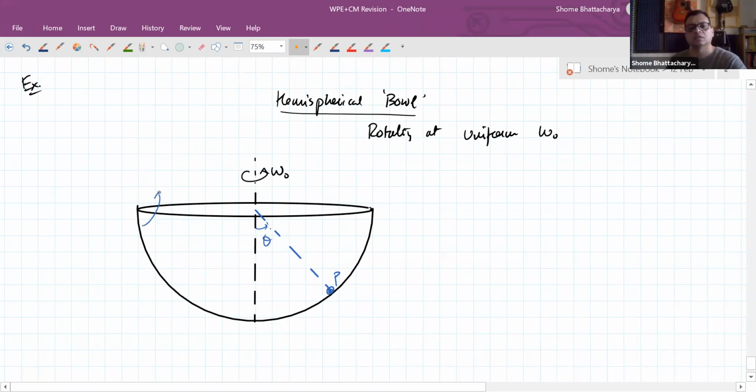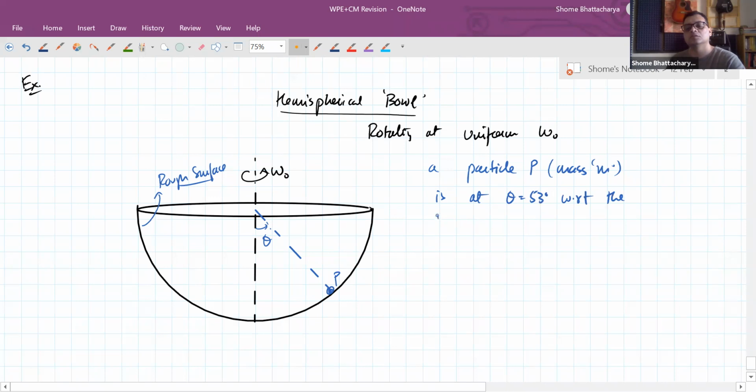And this is a rough surface. So a particle P of mass m is at theta equal to 53 degrees with respect to the vertical axis of rotation.